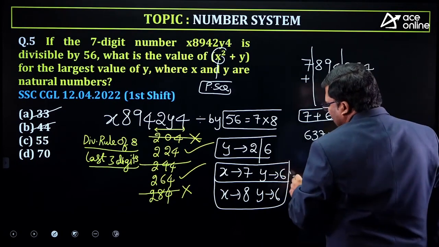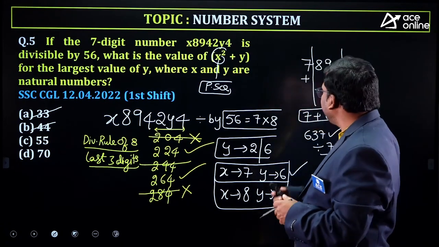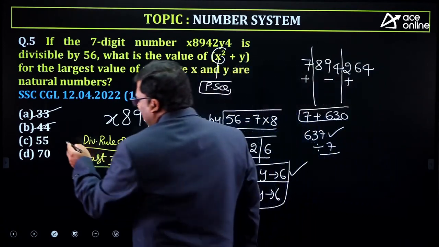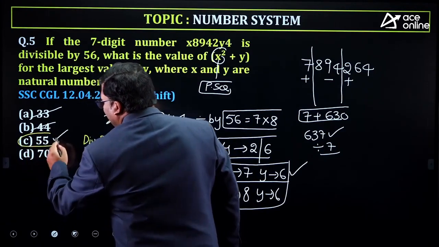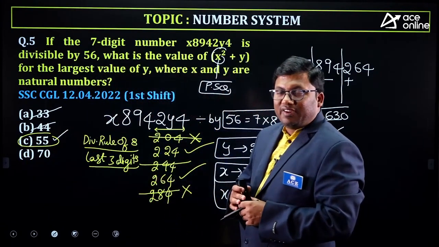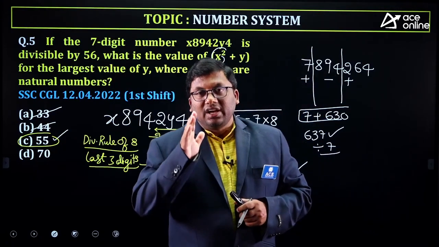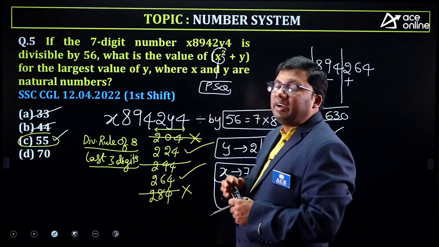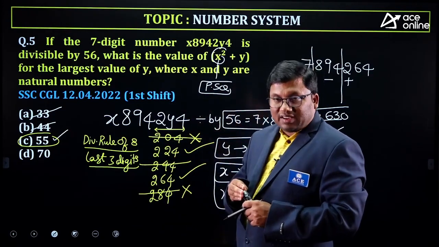That means the answer for this question is x is 7 and y is 6. So the answer for this question is 55. I hope the idea is very clear. Two divisibility rules we have to use: the divisibility rule of 8, then the divisibility rule of 7.